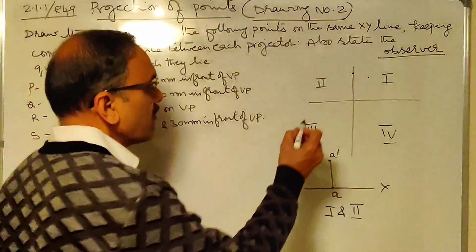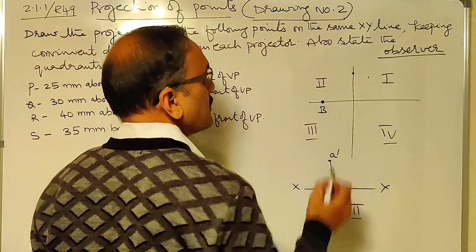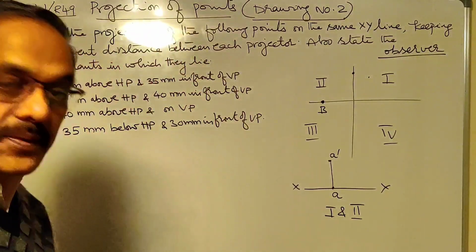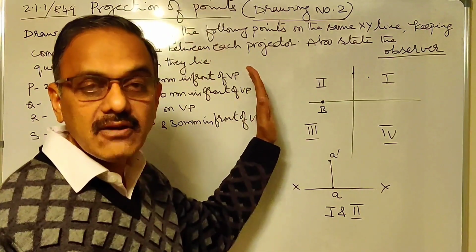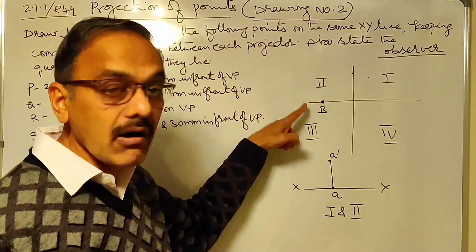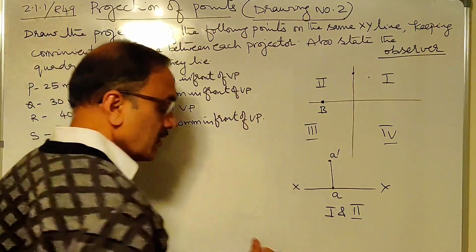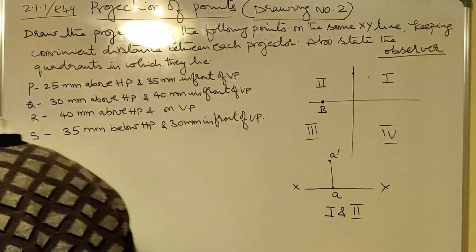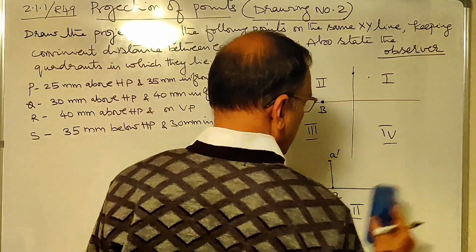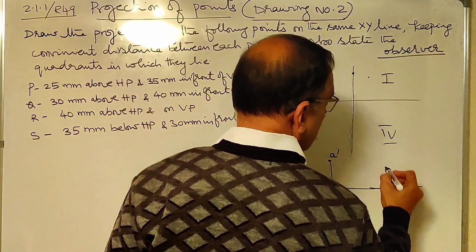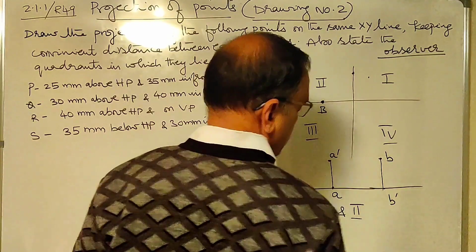Similarly, let us say we have a point here, let us say point B. What is its position with reference to VP and HP? The observer is here, so we say the point is behind VP and it is on HP. This is the horizontal plane. So how do you represent behind VP and on HP on the XY line? This is behind VP on HP.